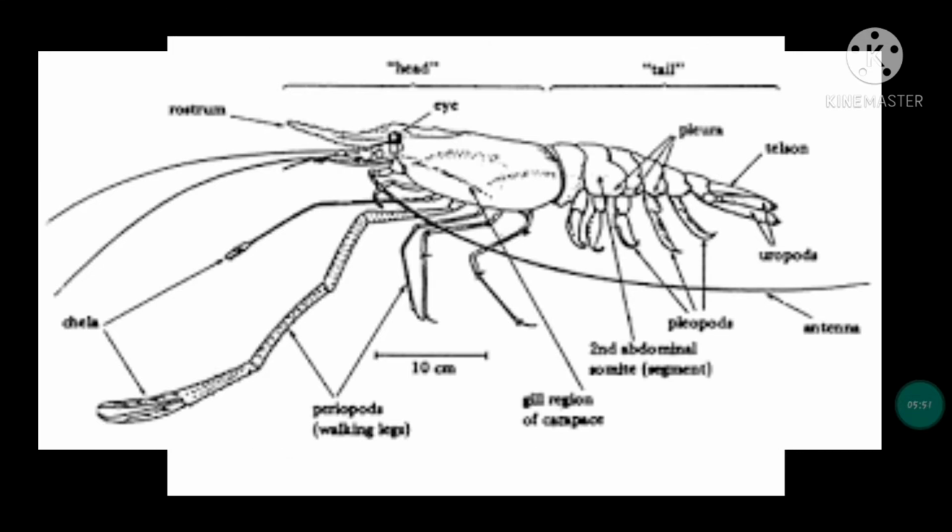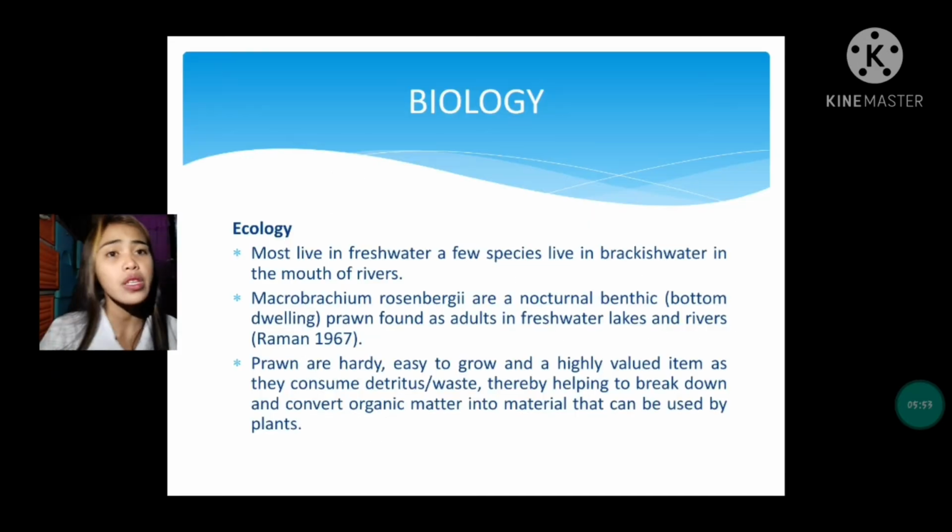The next is the ecology of the giant freshwater prawn. Most live in fresh water. A few species live in brackish water in the mouths of rivers. The next is that Macrobrachium rosenbergii are nocturnal benthic.